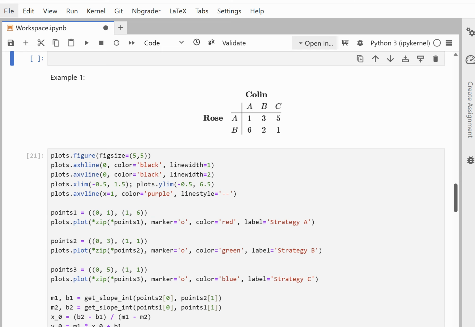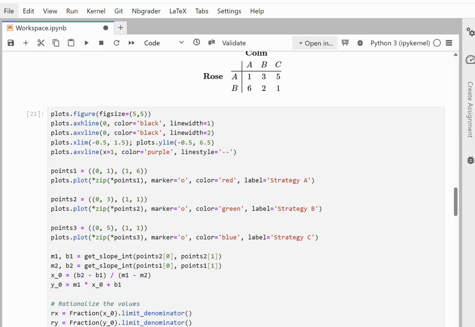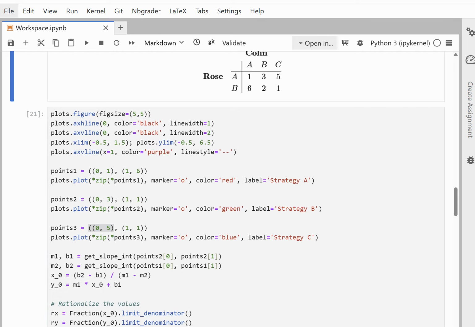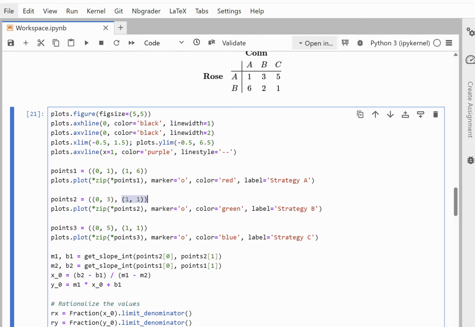Okay? And here's an example. 135, notice that the 1, the 3, and the 5, they're in row A, so we're going to make them the y-intercepts. And then the 6, 2, and 1 from the second column. Oh, wait, I need to make that a 2. 6, 2, and 1.